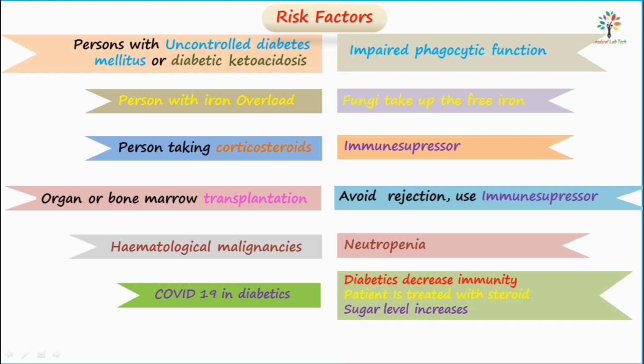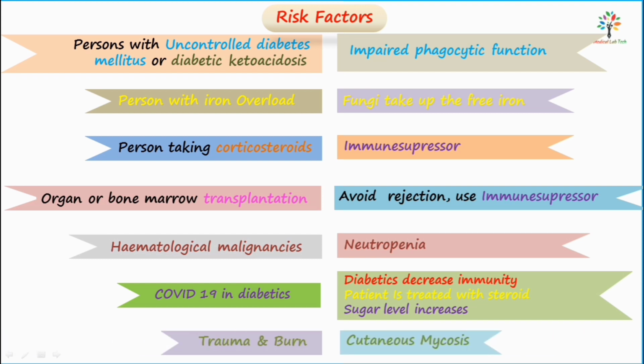As a result, there will be hyperglycemia, increased level of blood sugar. Then the diabetes will be uncontrolled, and the person can get the disease easily. Next is trauma and burn. Trauma and burn can cause cutaneous mycosis.